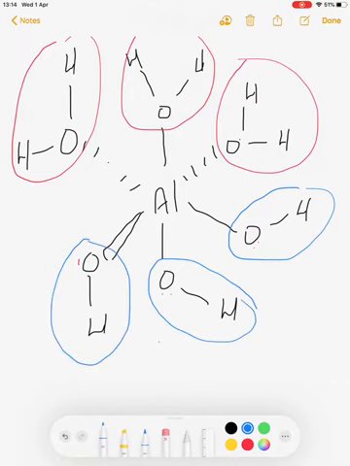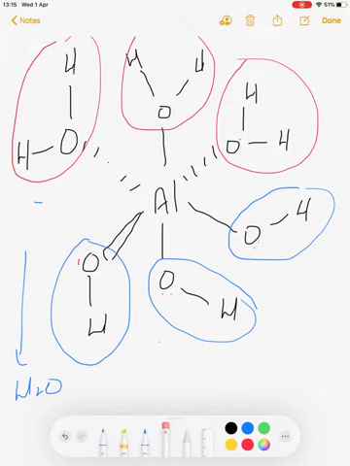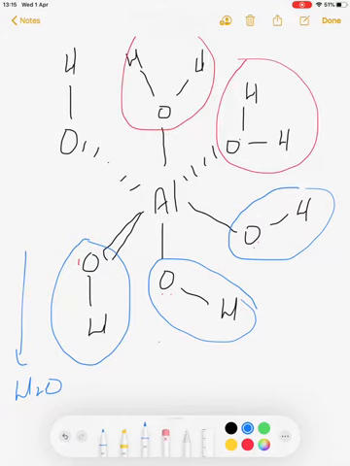It's feasible basically that another hydroxide here can react with 1 more hydrogen off one of the waters to form water, which means all of that goes. And if you look at what we've got now, we've now got 4 hydroxides.